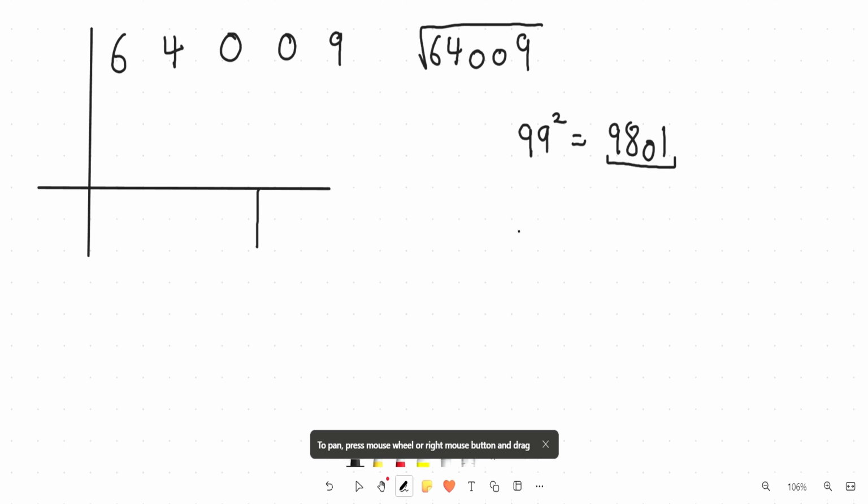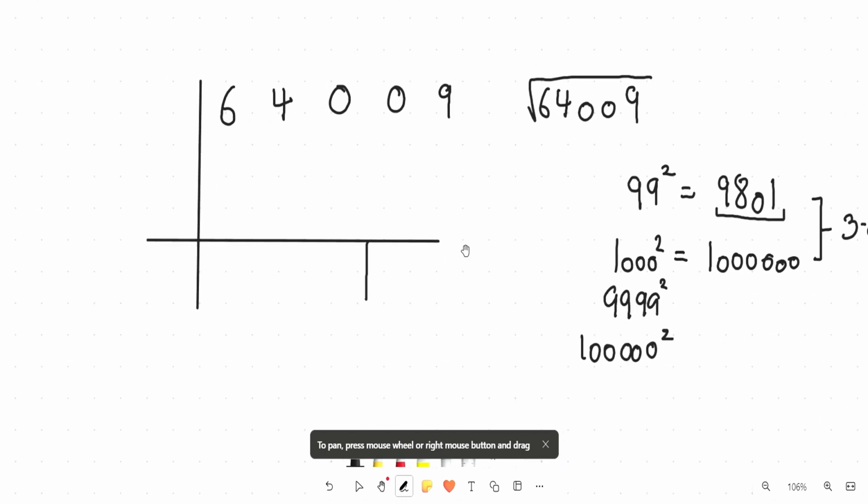And the smallest 4-digit number, which is 1000, its square is something like this, which is way larger than the number we have here. So all the numbers between these two will have square roots that are 3 digits. I repeat, square roots that are 3 digits.